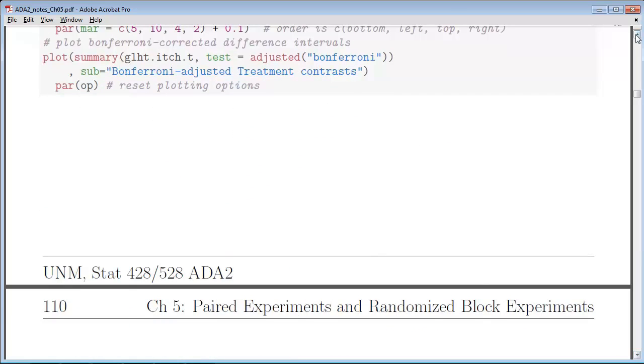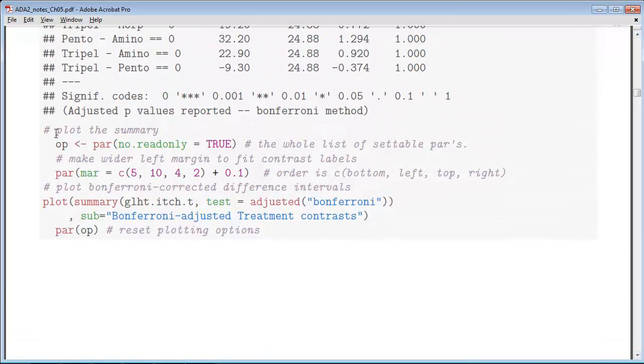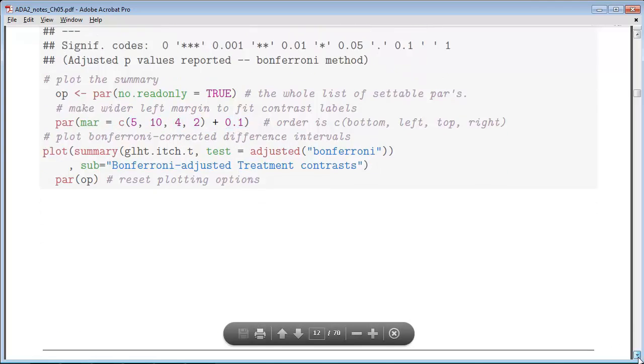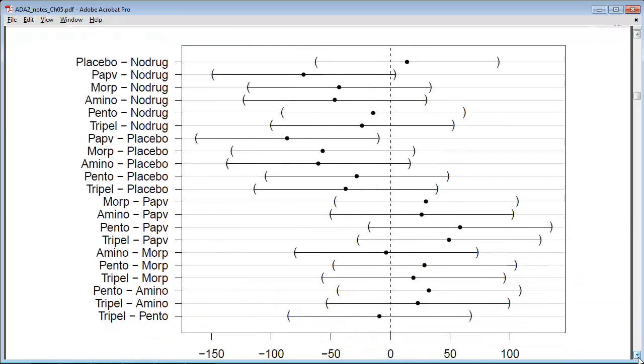Another thing you can do here, with the general linear model object, is you can plot it. So here's the summary of the general linear model object with Bonferroni corrections. And if we create that plot, the rest of the stuff that's here is basically just making margins a certain size. I'll zoom out a little bit.